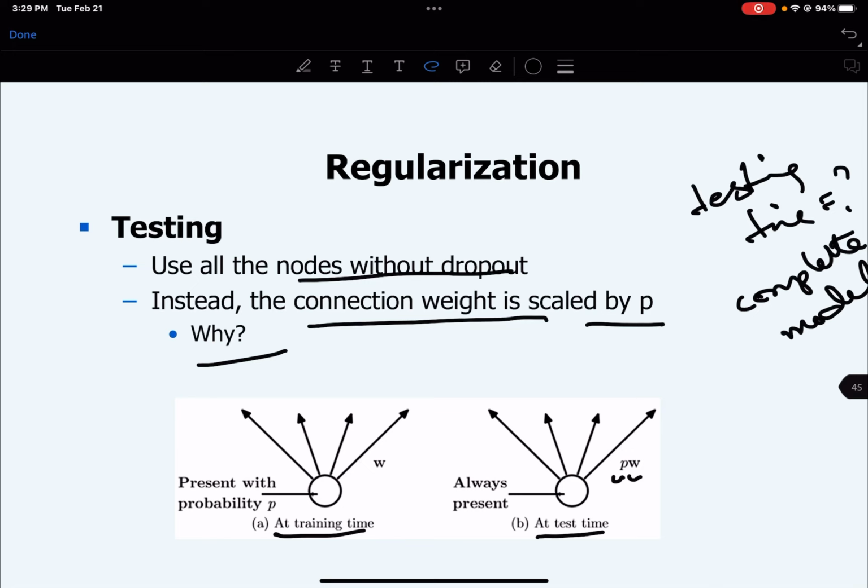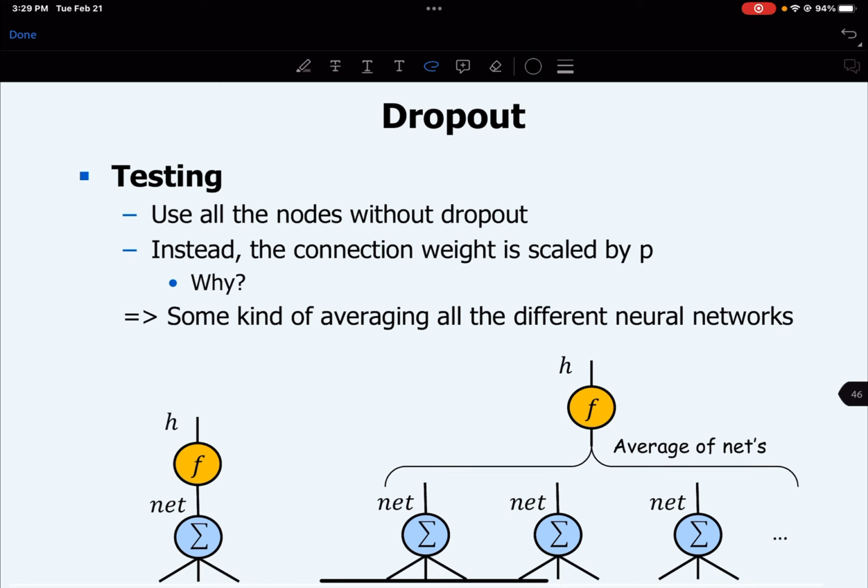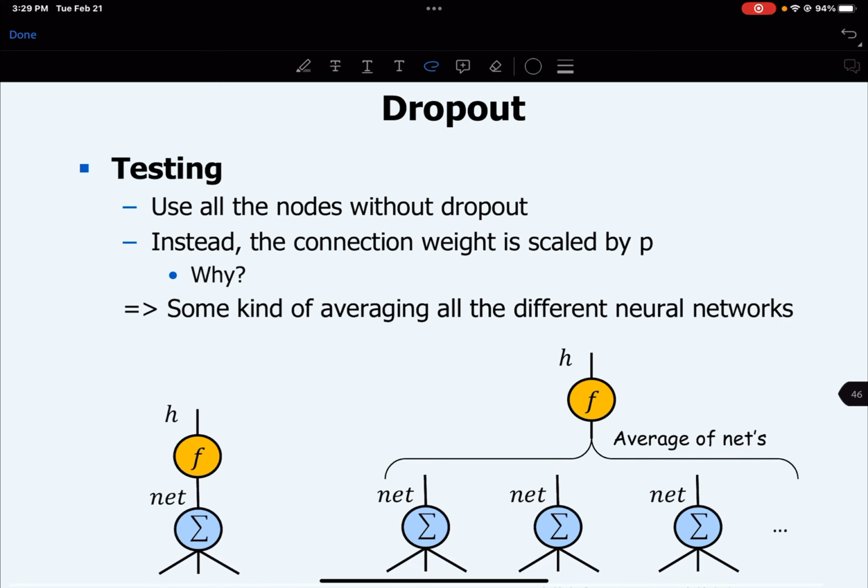In the training time, we selected p as 0.5, so we have a lesser number of nodes, so we multiply this value with the weight values. At the testing time, we use all the nodes without dropout. This is one option. Instead, the connection weight is scaled by p.